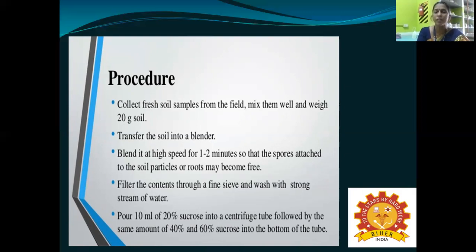Filter the content, because from the roots we are taking the spores, through the fine sieve and wash with a strong stream of water. Pour 10 ml of 20% sucrose into the centrifuge tube, followed by the same amount of 40% or 60% sucrose into the bottom of the tube.